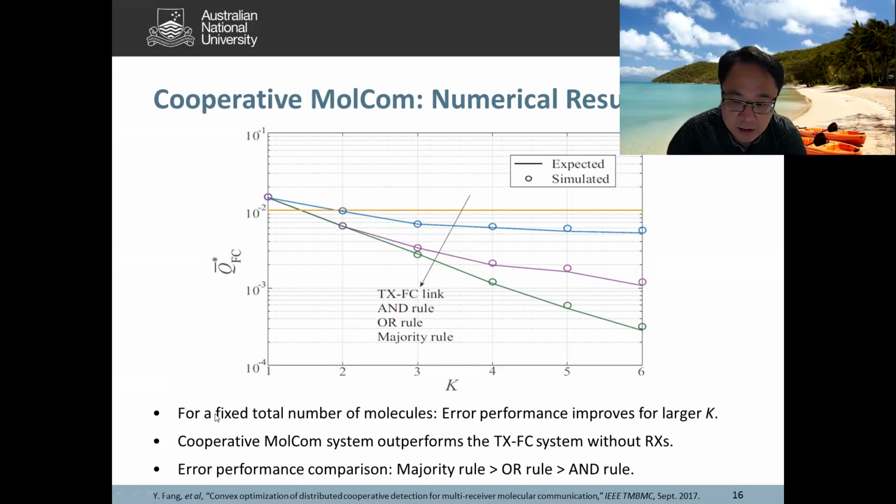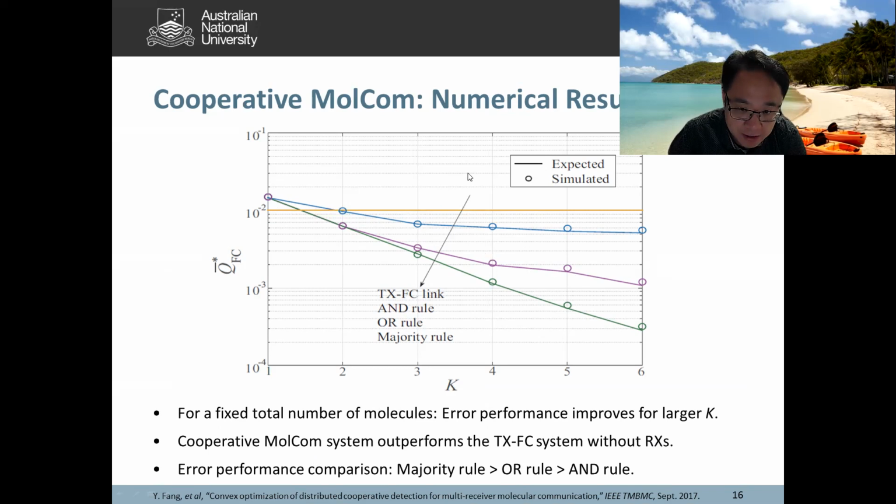In this case, we can see that for a fixed total number of molecules, in which we assume that the number of molecules released in the environment is the same, the error performance improves when we have a higher number of receivers. Compared with the TX transmitter to fusion center system, which is the straight line, we find that the cooperative molecular communication system achieves a better performance than this direct link without the help of receivers.